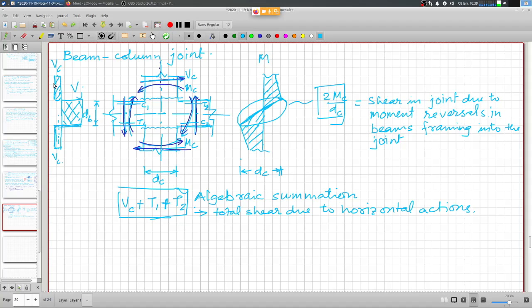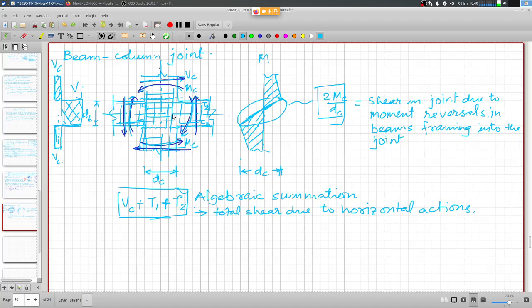And how do we design for this? First of all, this entire joint is highly inaccessible, very difficult to access. In case of reinforced concrete structure, you can imagine the difficulty of accessing this region, the reinforcement cage. There are longitudinal reinforcements going across the beam and across the columns, and then there are cross ties in columns, cross ties in the beams, and so on.